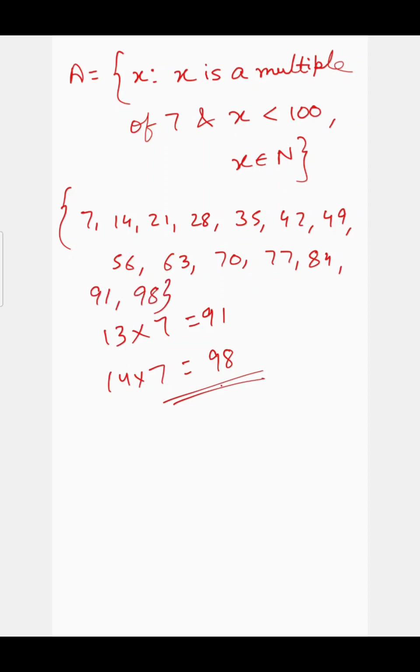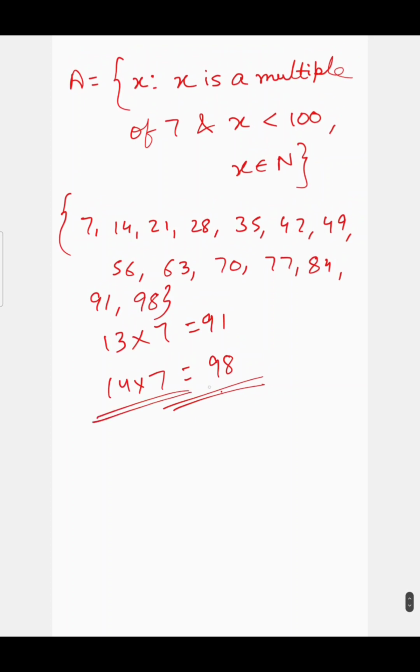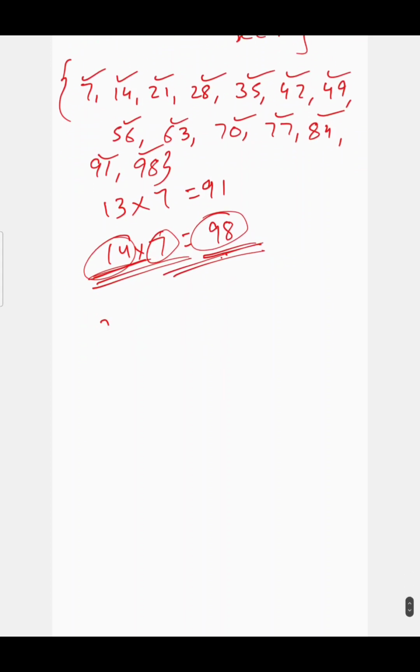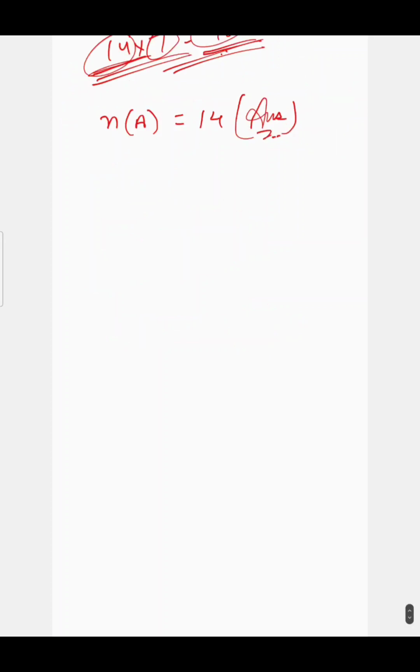Elements 1 2 3 ... 14, see 14. So 14 elements. Okay, so n of A is equal to 14. This is the answer. We'll do questions definitely. Next, equivalent set.